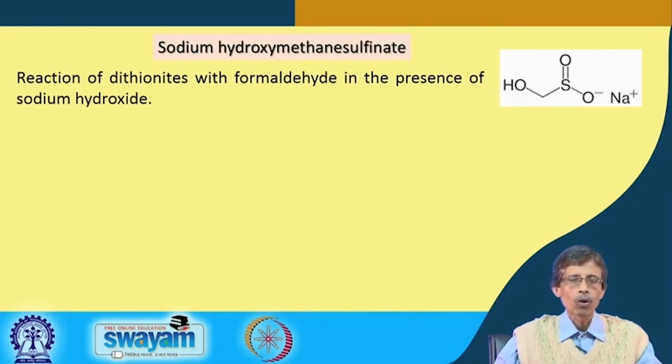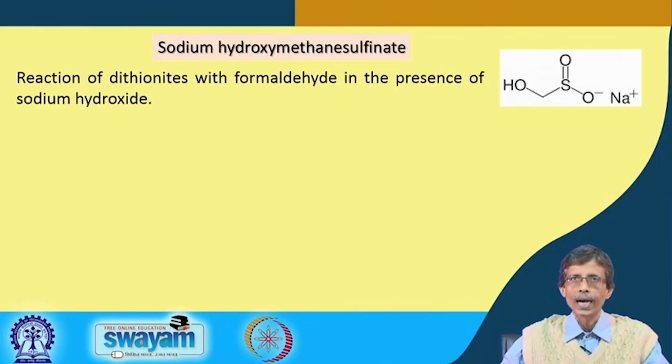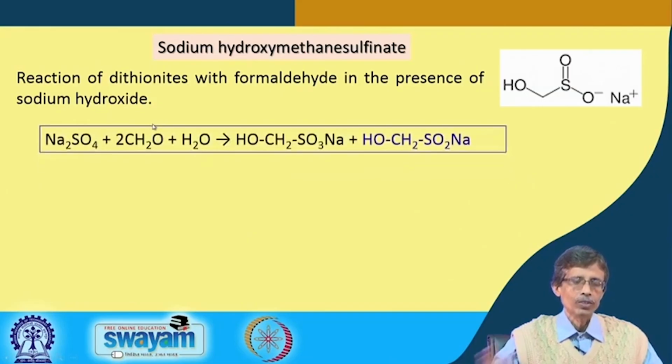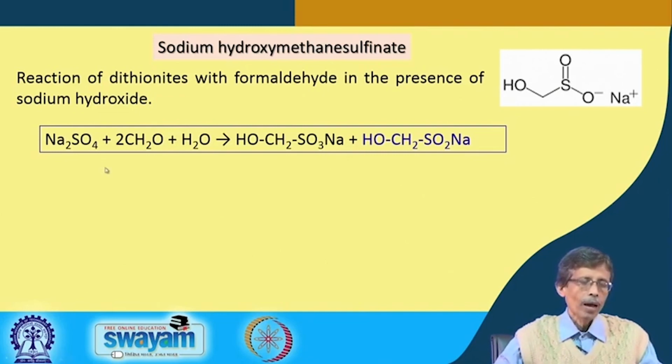So, that CH2O function is attacked by your dithionite in strong or medium alkaline medium of sodium hydroxide. So, quickly look at the corresponding reaction, where your sodium salt is not sulfate, it is dithionite.